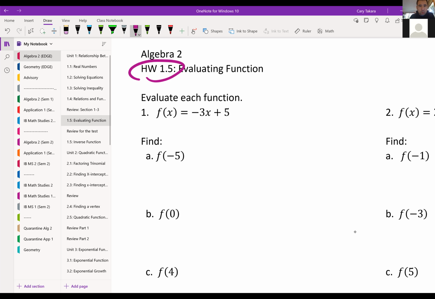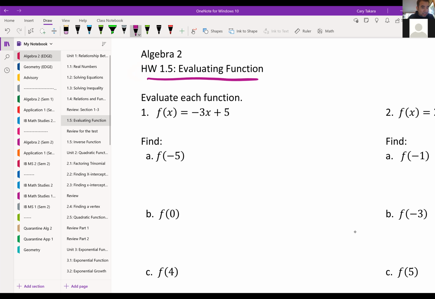Let's write down homework 1.5, evaluating functions. Okay, let's start with number 1.